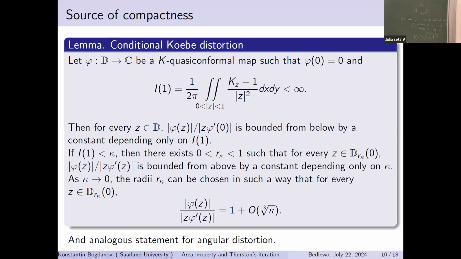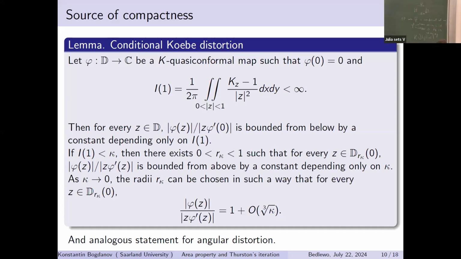And then when we do the pullback, we come here, and then we integrate our Beltrami differential somewhere near infinity.